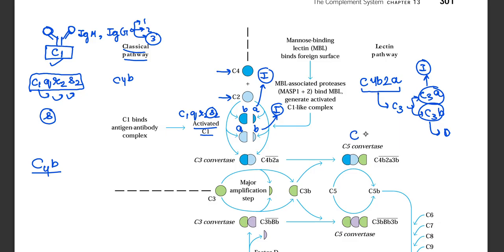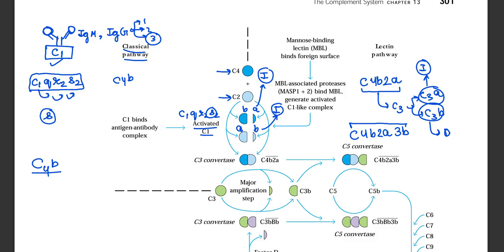So now it will be C4B, 2A, 3B. Now this is a particular complex which will further activate C5. C5 is very important here. So C4B, 2A, 3B, now what will it do?